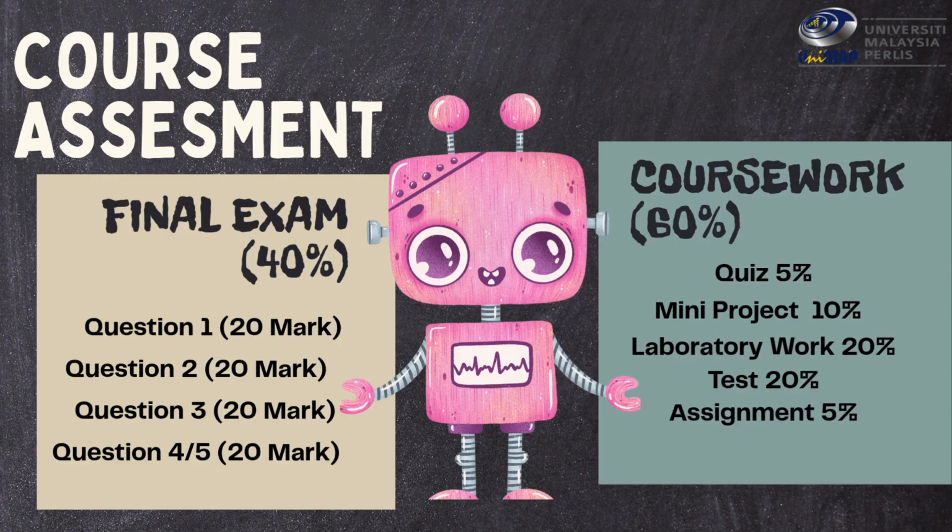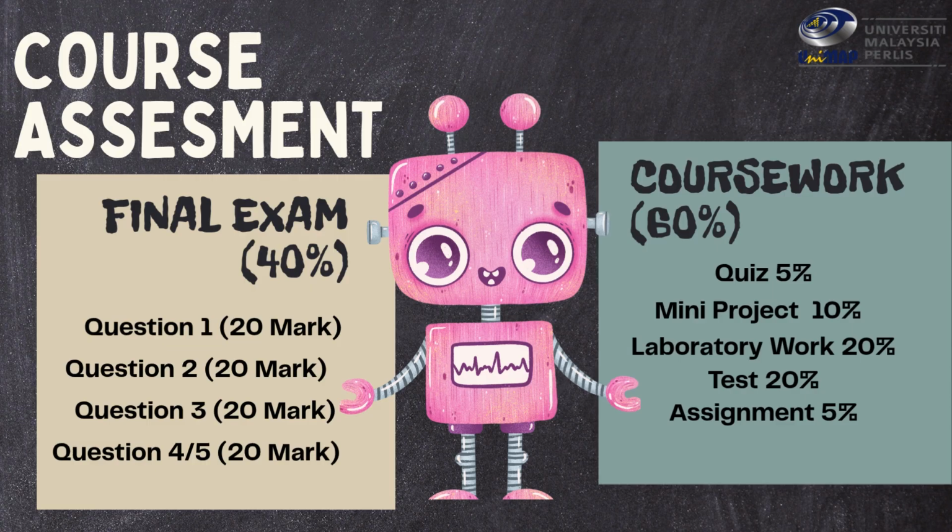For the course assessment, this subject will provide 40% from the final exam and the remaining 60% based on coursework. For the 60% coursework, you will have 5% quiz, 10% mini project, 20% laboratory work, 20% for the tests, and another 5% for the assignment. You will have two tests, Test 1 at 10% and the second test also 10%.